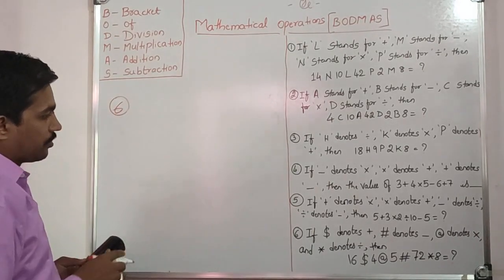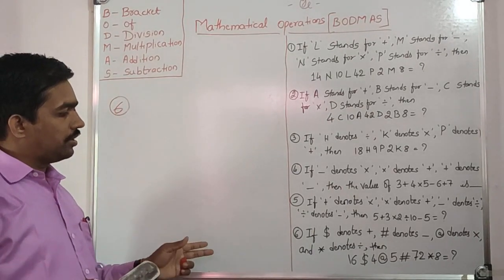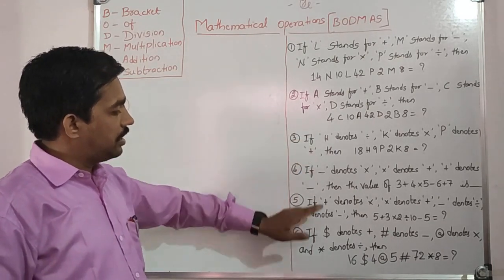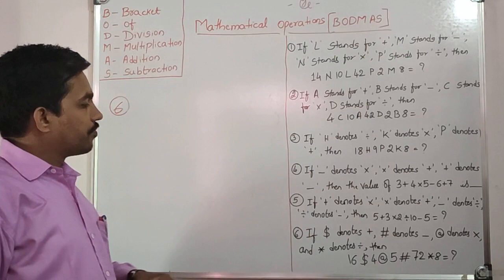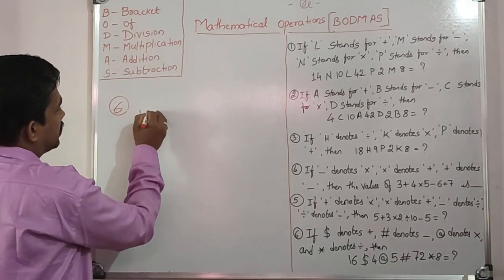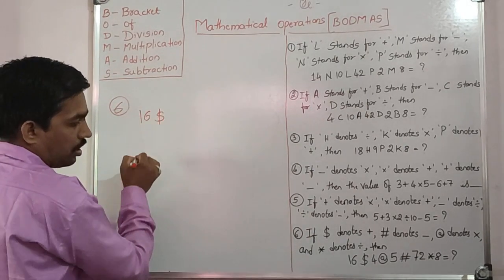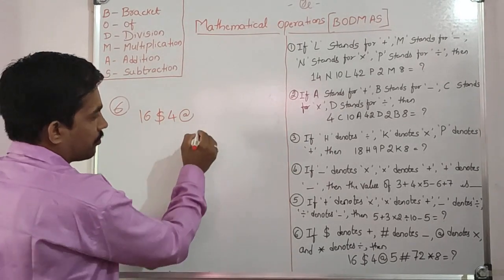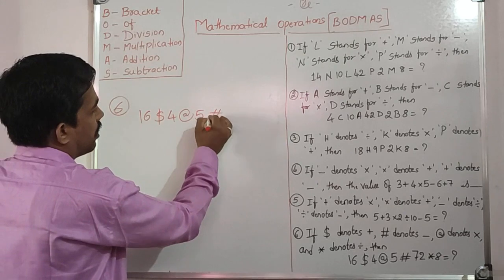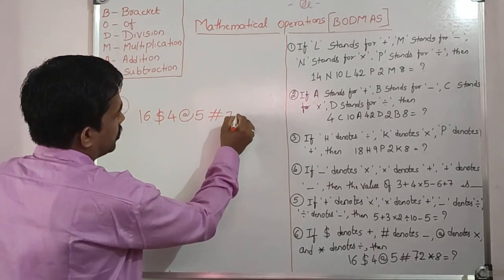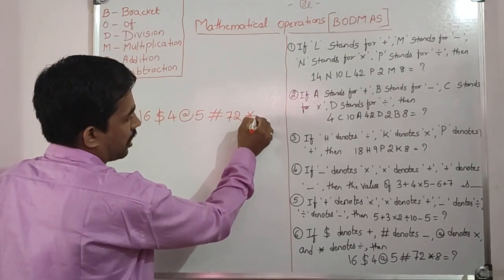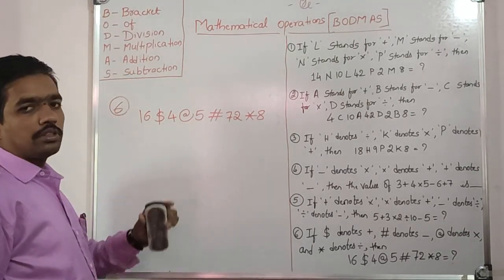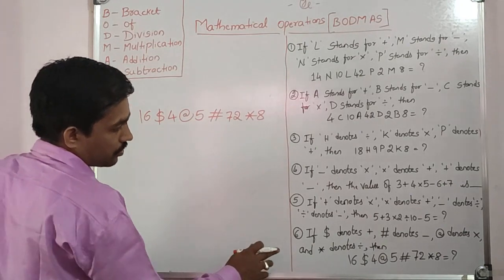Sixth question. So it is also a little bit different question, but instead of signs and letters, they have given some symbols. Okay. So what have they given? 16 dollar 4 at 5 hash 72 star 8. They have given some symbols in between the numbers. So what is given?